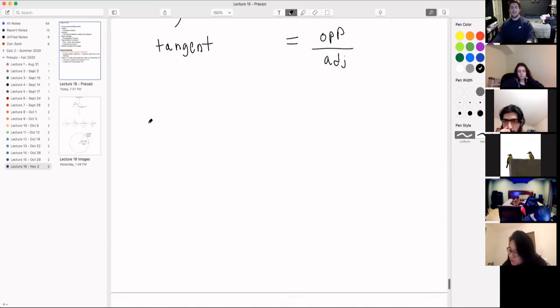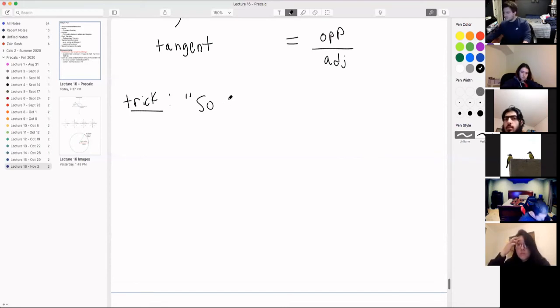Okay, and a very common trick for remembering these guys. So maybe this will sound familiar from high school. So here's a trick. You can think of the word SOHCAHTOA. So hopefully that doesn't bring back any bad memories from high school. So SOHCAHTOA. And how this is read as, you can think of it as S for sine is O over H, opposite over hypotenuse, then CAH.